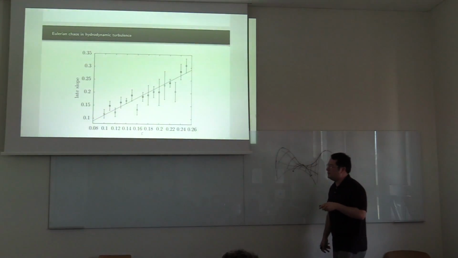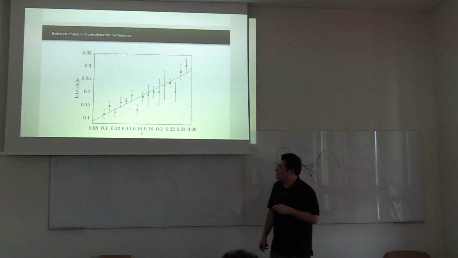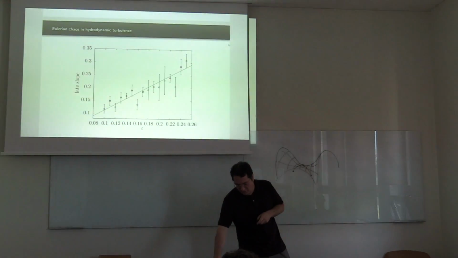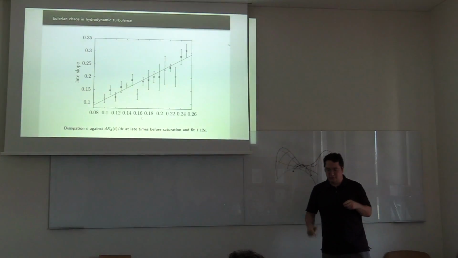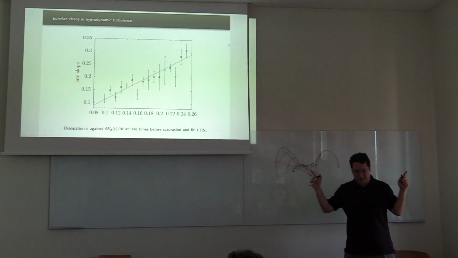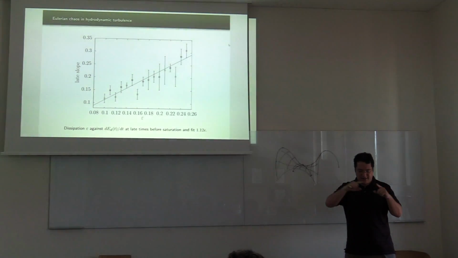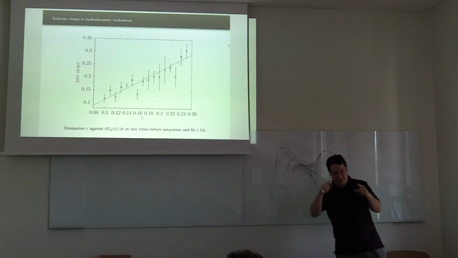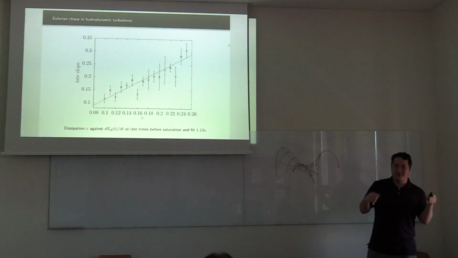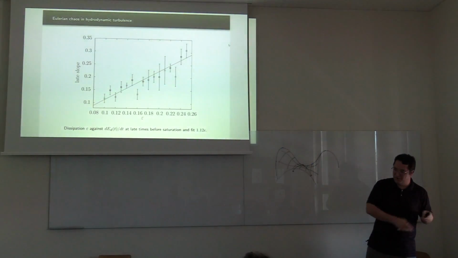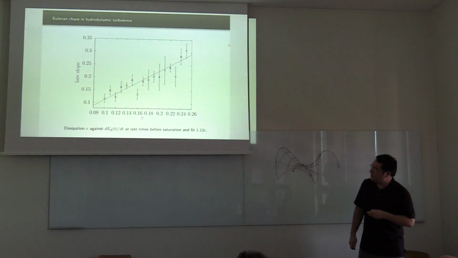So we then vary dissipation independently and measure the late slope, and we find that there is a linear dependence between the late slope and the dissipation, which is nice. So not only is the predictability of weather possible because of the model, it's actually also reflecting a fundamental part of the turbulence itself, as a butterfly effect.